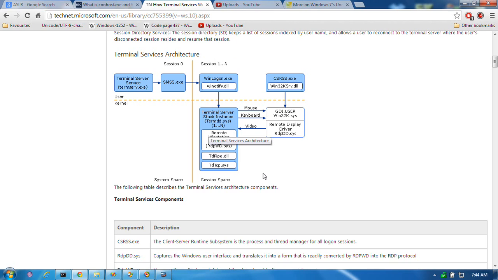Terminal server sends keyboard and mouse messages over to the CSRSS client server subsystem, which then figures out what to send back to the terminal, so that the terminal can see what their actions have done on the remote network.